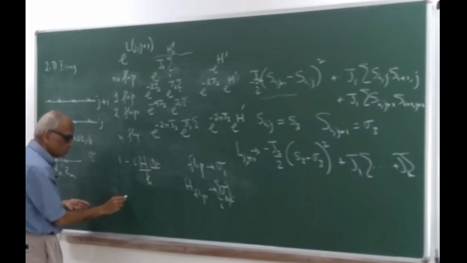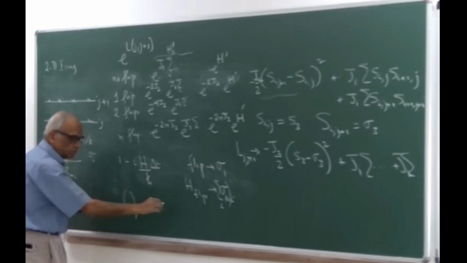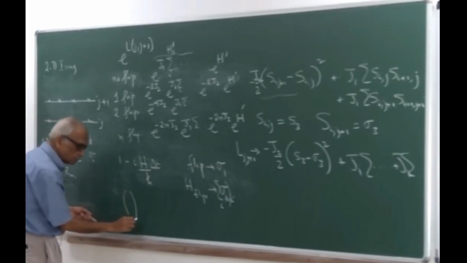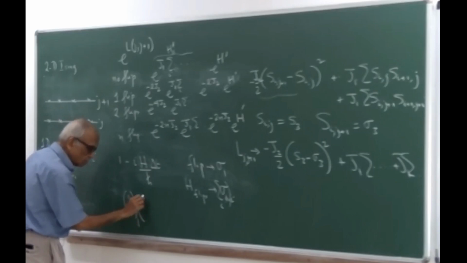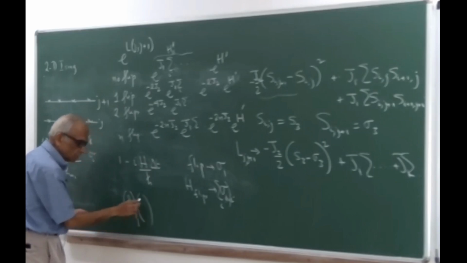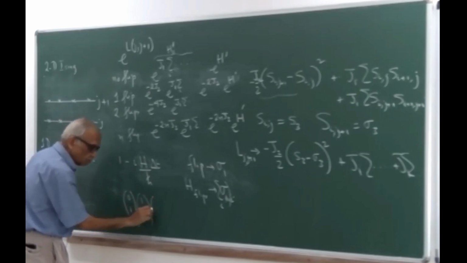It will be described by a two-state wave function which is a direct product, right? So there is site 1, 0, 1, or site 2, and then maybe 1, 0, and so on.